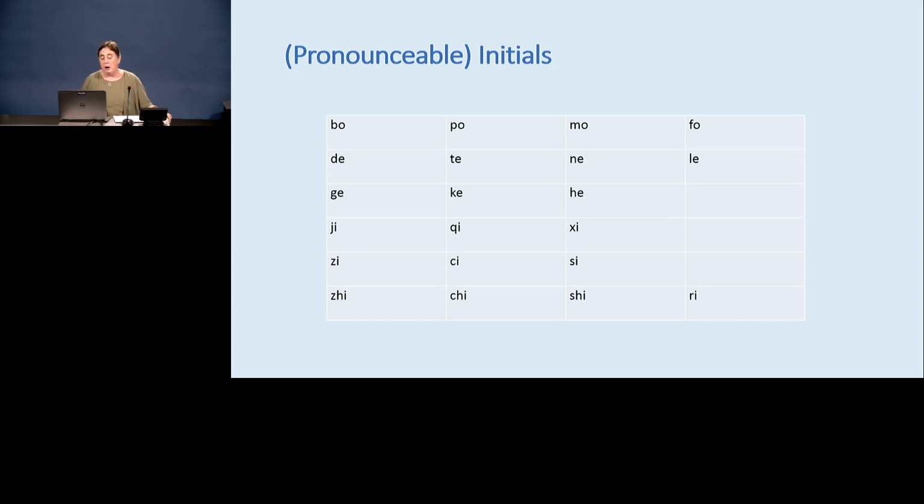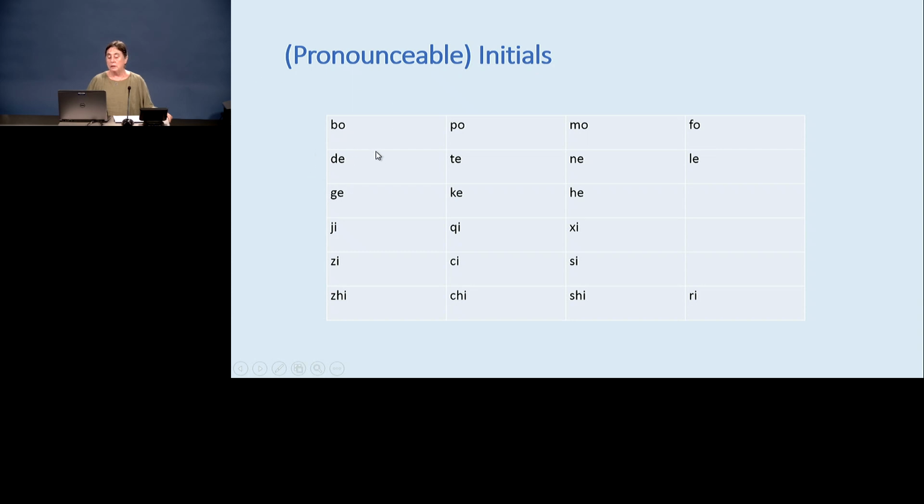This is how we normally, when little kids are rattling off the sounds, this is how they pronounce them with these particular simple finals. So we have bo, po, mo, and fo.